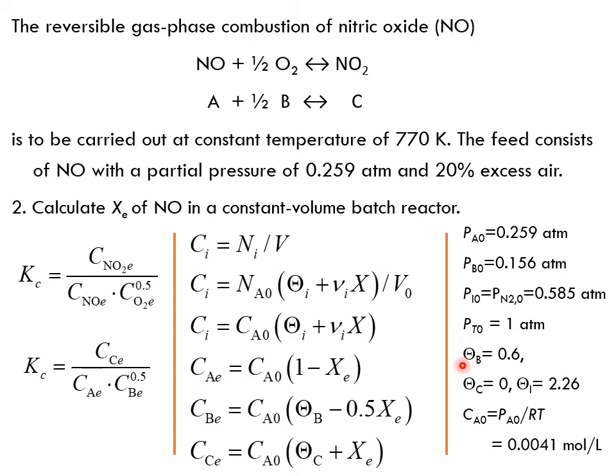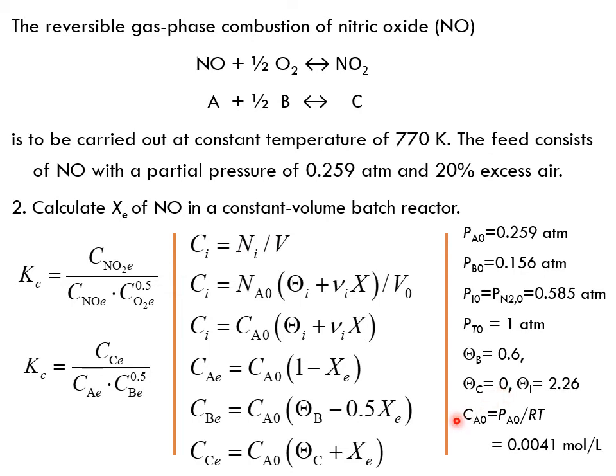Okay, now you can calculate theta B. You can calculate it from number of moles, or from the partial pressures, or from the mole fraction, whatever you feel comfortable with. The partial pressure of B divided by the partial pressure of A, both at the feed, will give you the value of theta B. If you look at the feed, you do not have C in the feed, so theta C will be 0.